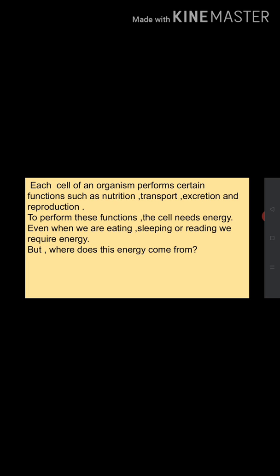Each cell performs certain functions, for example, nutrition, transport, excretion, and reproduction. To perform these functions, the cell needs energy. Even when we are sleeping, eating, or reading, we require energy.